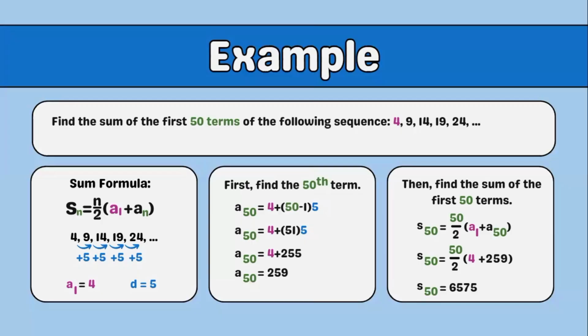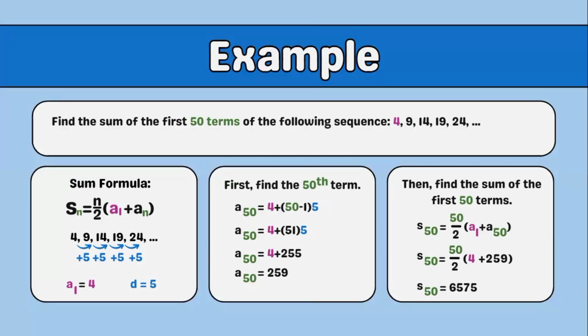Before calculating the sum, we first need to find the 40th term using the arithmetic sequence formula. After substituting the values, we find a40 equals 199. And so on.